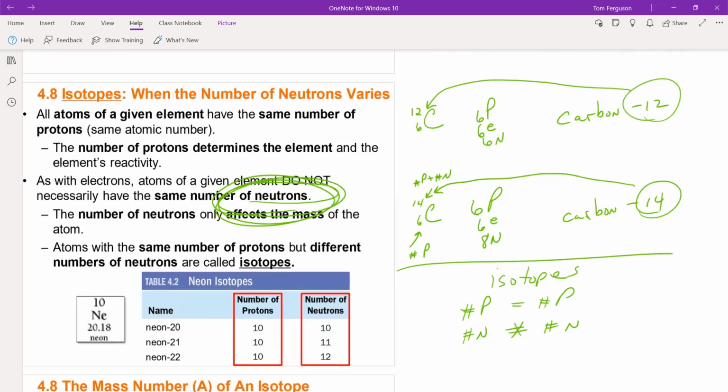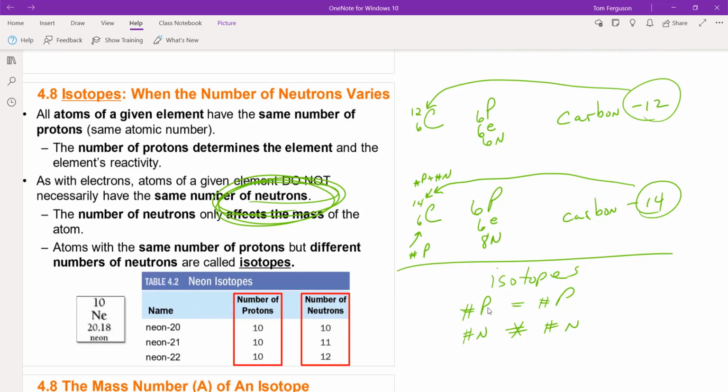An isotope by definition is where the number of protons are equal, but the number of neutrons are not. So that means they're isotopes of one another. Isotopes differ in mass and number of neutrons. The chemistry varies very little. The chemistry is almost identical, almost.